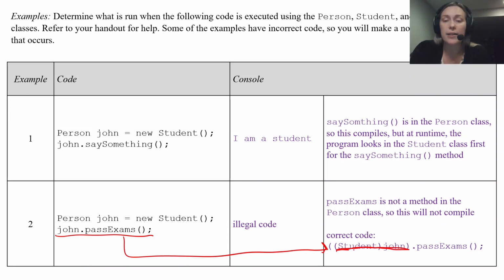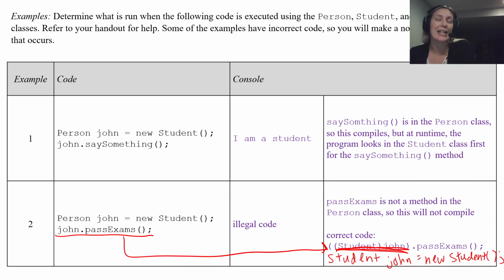And what this does is it is a temporary cast. It doesn't change John. What I always want you to picture is that a downcast kind of makes John behave the way that we've always had objects behave, so that he can run anything in student or above, which includes the passExams method.